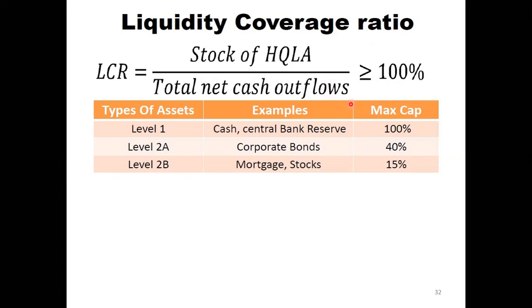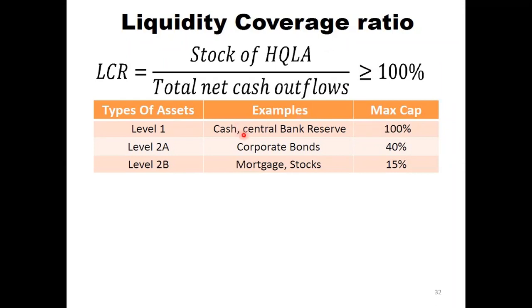So for example, the total net cash outflow is 10 million. Equivalent to that amount, they should keep this value. If outflow is 10 million, they should keep cash of 10 million. It should be at least 100%. For that 100%, the cash and central bank reserves should be equal to total net cash outflows.